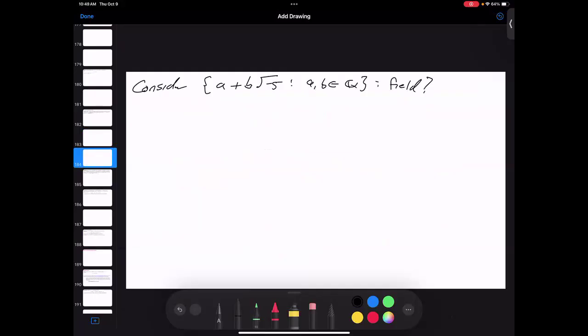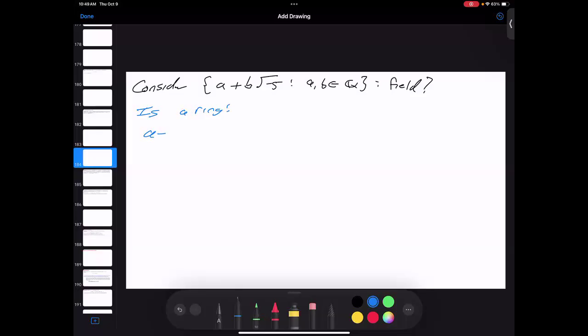Is this a field? Before I determine if it's a field, what should I determine first? If it's a ring, right? If it's not a ring, it's not a field. So it is a ring. I'll leave that to you.